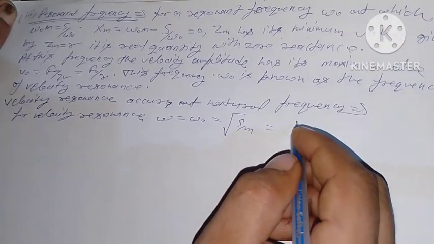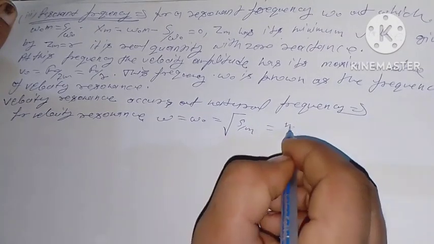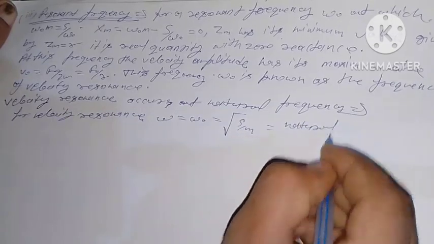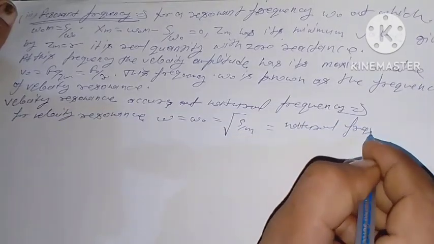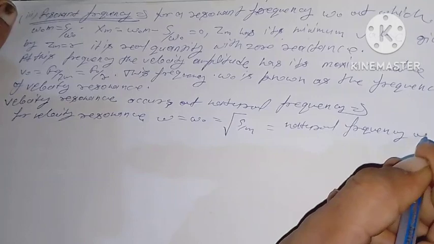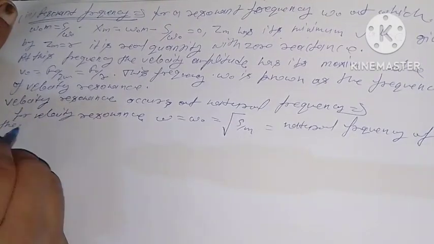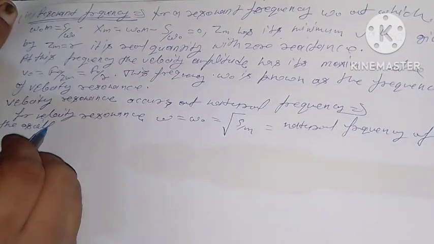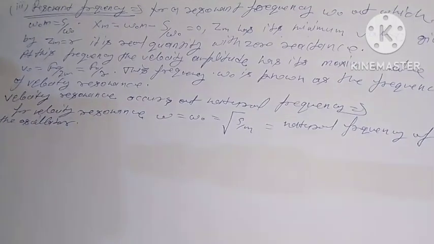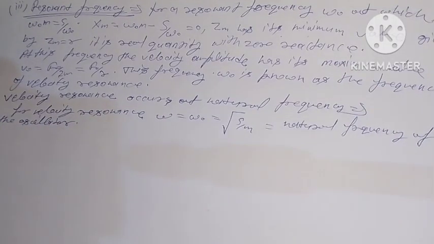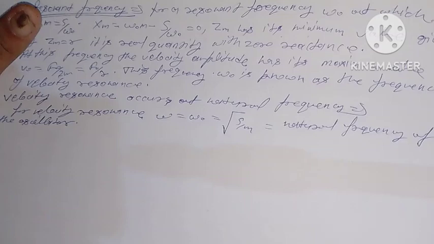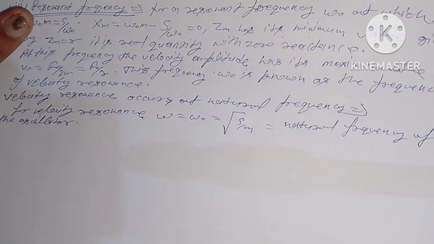This can be proved as follows. V naught equal to F naught by Zm.